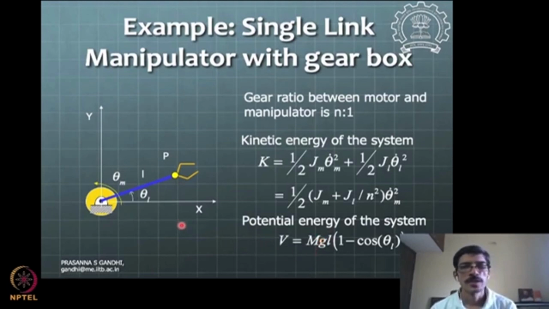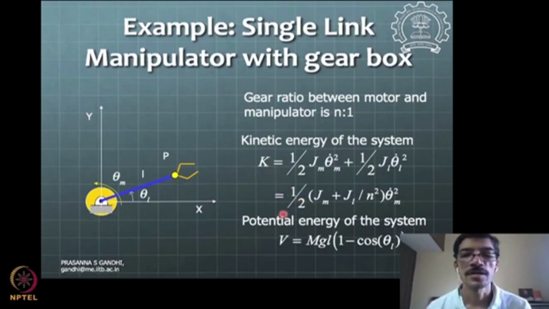This potential energy is in terms of theta L, but we need to convert it into theta m again, so as to have consistency in the generalized coordinate. So you define the generalized coordinate as theta m, and then everything should be consistent with that.